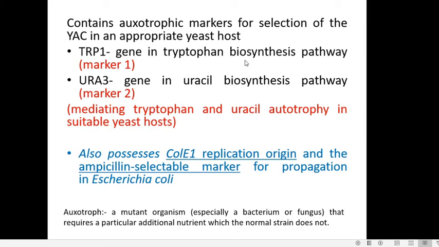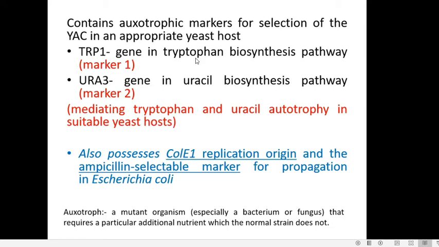So such host cells you are using in your experiment. This host cell does not have the ability to synthesize tryptophan, and we are making them grow in a medium which is lacking tryptophan. That is the host cell you are using, which cannot grow in a tryptophan-lacking or tryptophan-deficient medium.